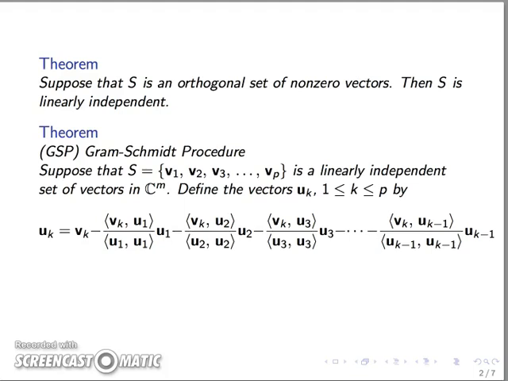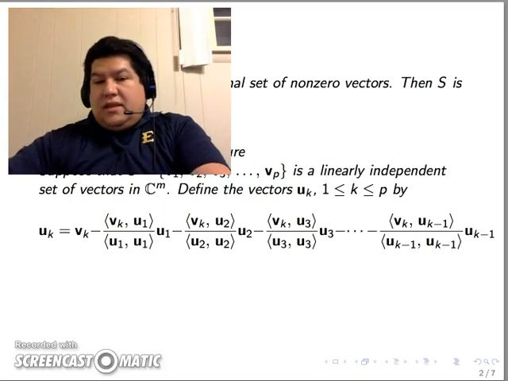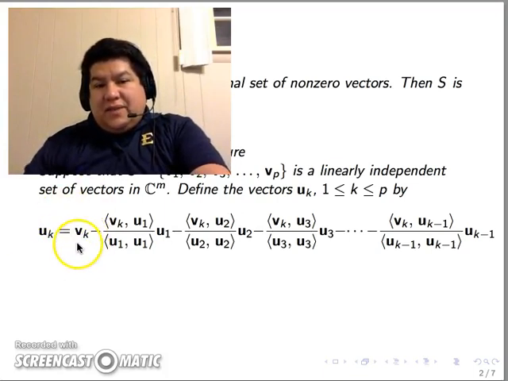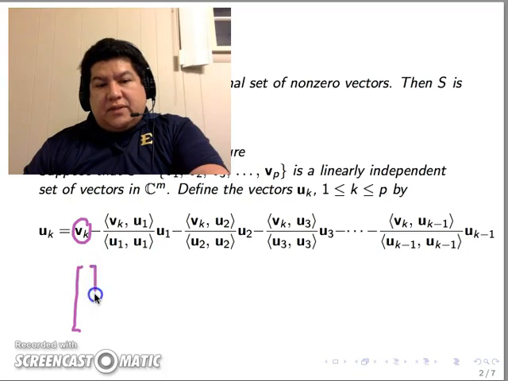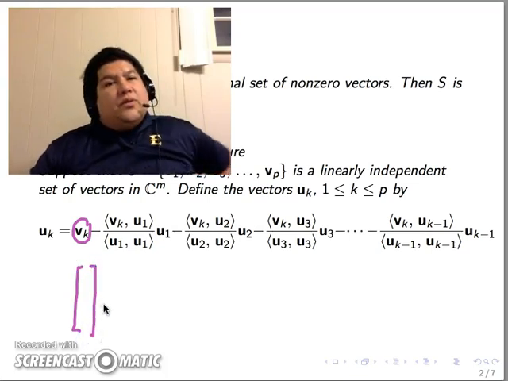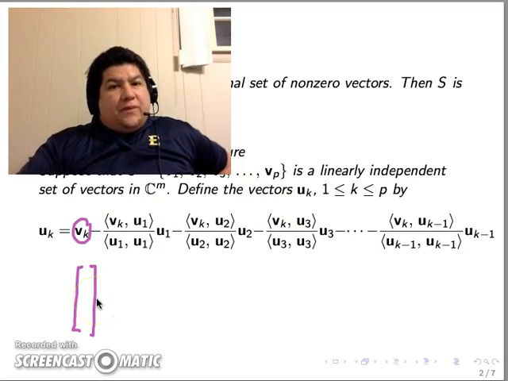What we can see in this expression is that this is basically a linear combination. We have vector v sub k, and that is similar to the expression we had when we first talked about writing solution sets in vector form.